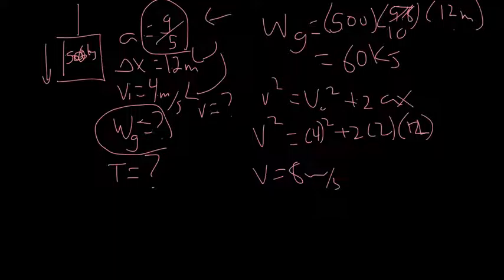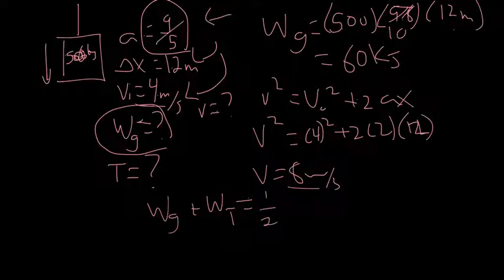And so I can say, okay, well, I know the velocity before and after now. I can think about using change in kinetic energy. So my goal here is to find tension. I can say, okay, the work done by gravity plus the work done by tension. So this is the total work done over here on the left. Okay, that's going to be equal to the change in kinetic energy, which is 1/2. I'm going to factor out 1/2 and m to make things a little bit easier.